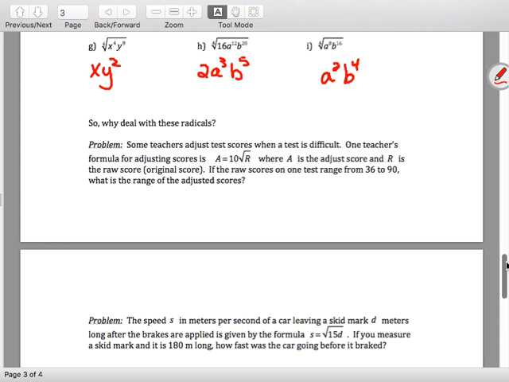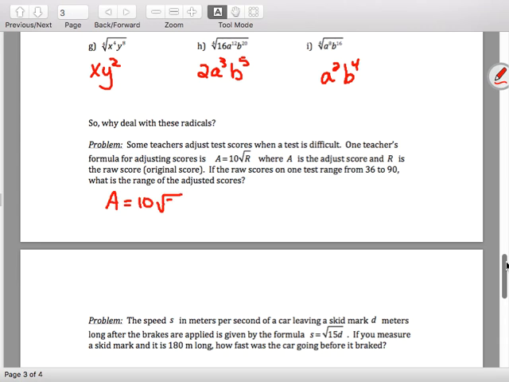Jesse, you got any ideas? No? Julia, how about you? What might we do? 90 minus 36. Nope, I don't need to subtract. You plug it in, right? Okay. All you're going to do is plug in.